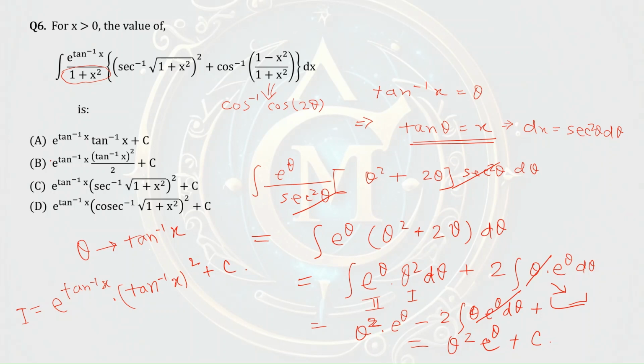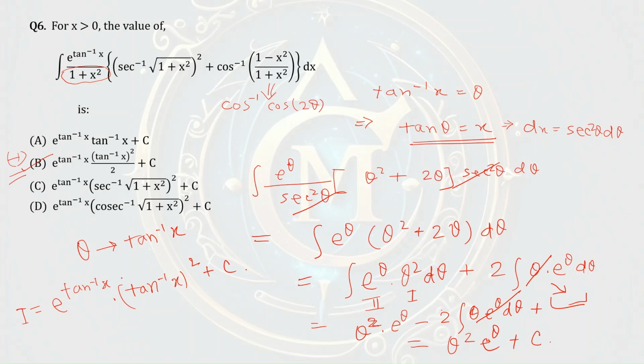Here options contain terms like this. Some of you may choose this option as the correct option in your exam pressure, thinking that you have made some calculation mistake and there will be a factor of half coming here, and then you will be rewarded with a -1. So be careful in this.